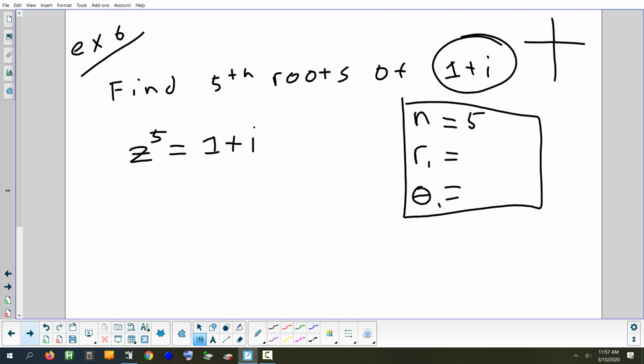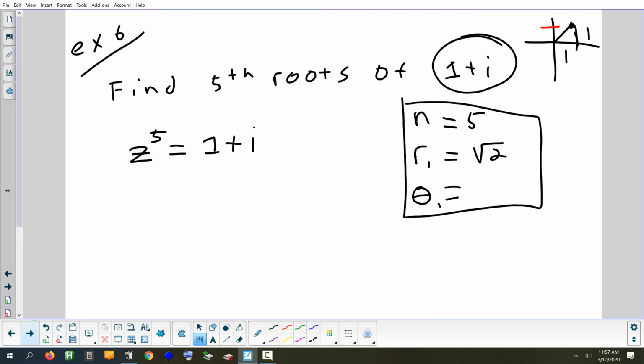Let's graph it. Real part in that number is what? 1. Imaginary part? 1. So what's the radius of the point (1, 1)? Square root of 2: 1 squared plus 1 squared, and then take the square root.